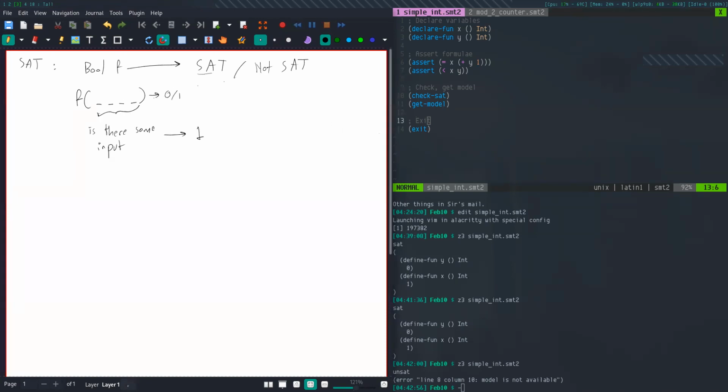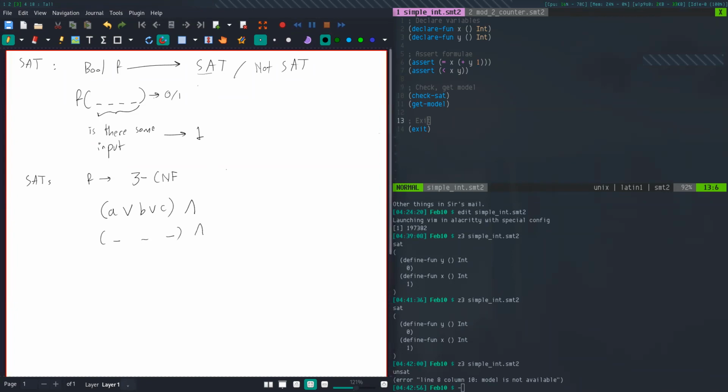We mentioned Tseitin transformation. So there is this constraint that SAT solvers take in a formula in a very specific format. The formula has to be in a format which is called 3CNF, which means that the formula needs to be in this particular format. So you'll have A or B or C and then another clause with this form and so on.